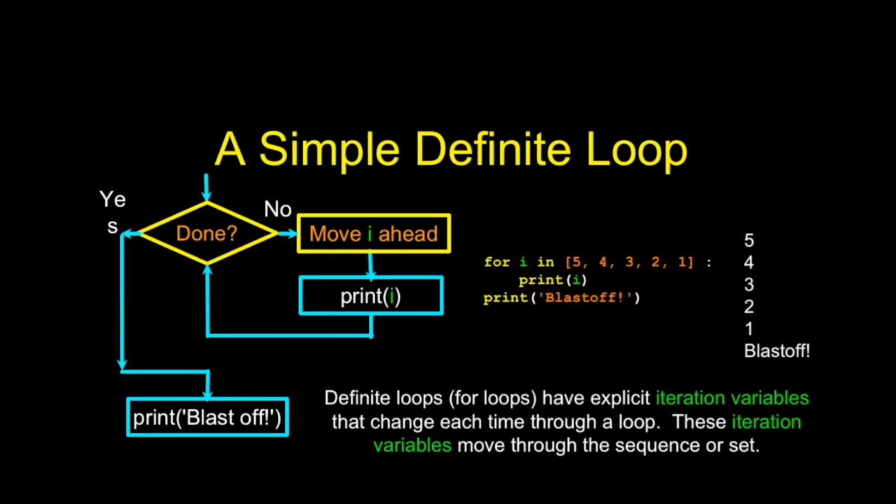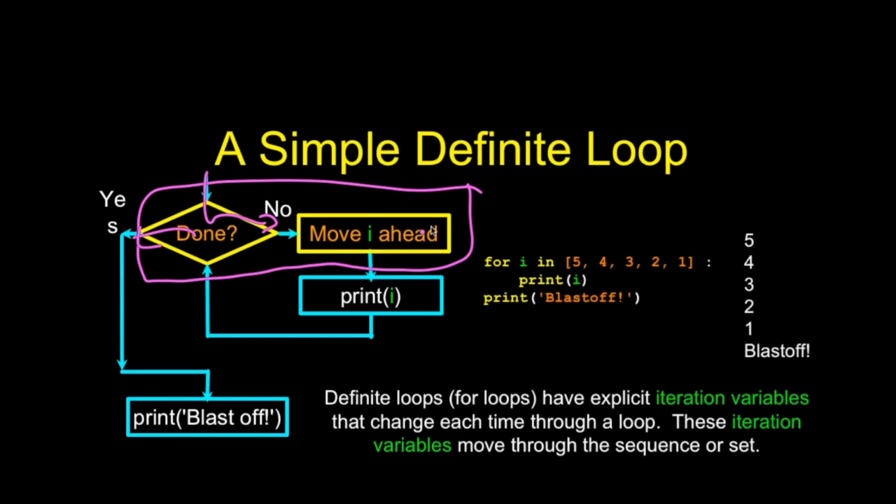So if we try to draw a picture of what this is really doing, the for loop is actually doing a whole bunch of stuff that we would have to do with maybe separate statements in the while loop. First, it decides how many times to run the loop, so it's answering the done question, which way do we go, and it is also moving I ahead.